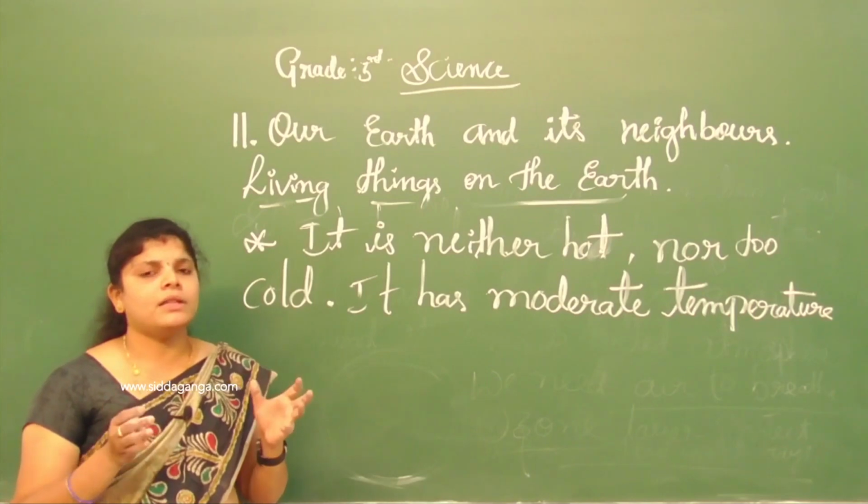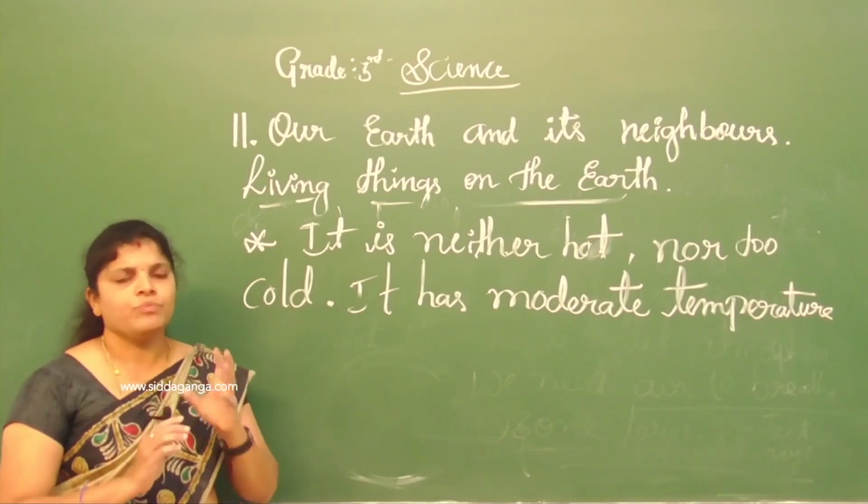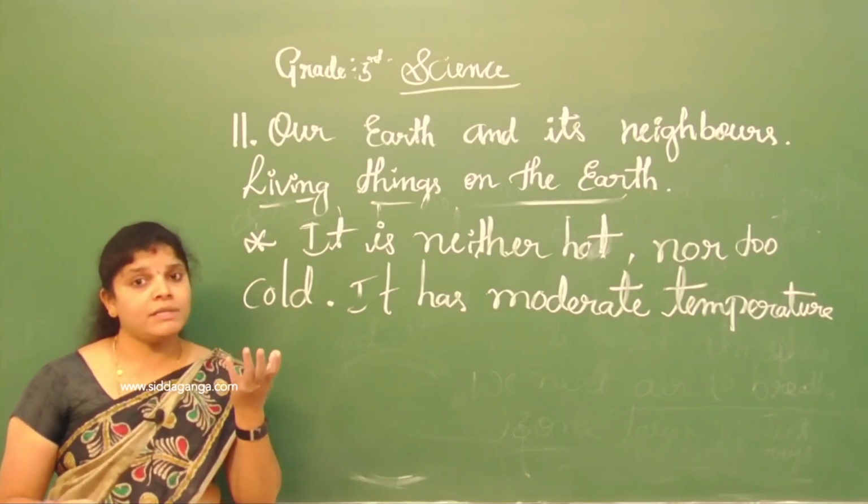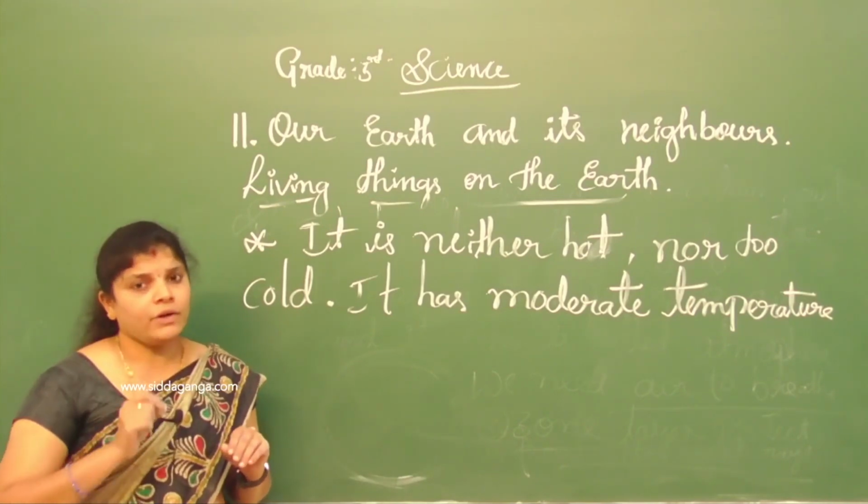See, in our earth it is not too hot and not too cold. Okay, some places are too cold. See, for example, the northern hemisphere and southern hemisphere are very cold. Why?